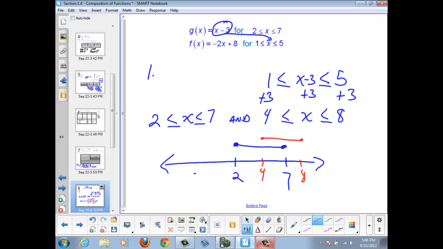And the only way I can get to a final answer is if both of these conditions are true. So I look on my number line to see where both conditions are true. And that comes in between 4 and 7. So only if I start with numbers between 4 and 7 will I be able to get an answer.